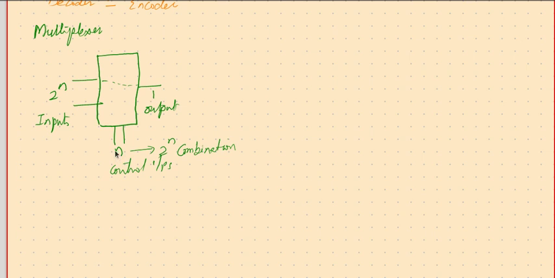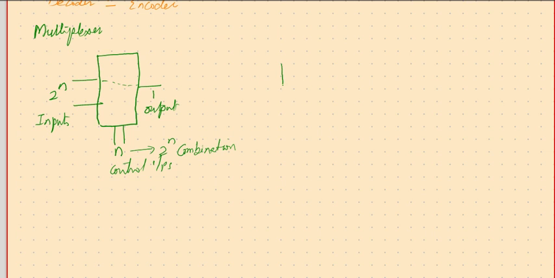For every value given here, there will be one of the 2 to the power n combinations, and that particular input gets connected to the output. Confusing? Yes, of course, it looks confusing.